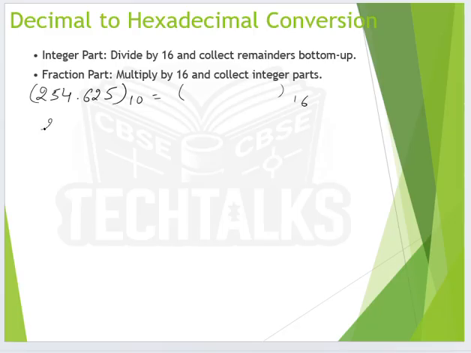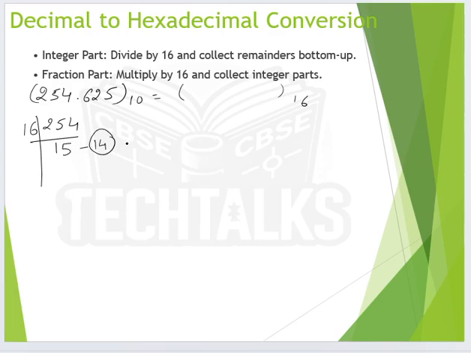So let's take the integer part and divide by 16. 16 ones are 16, so you will get remainder 14 here. 16 5s are 80 and remainder is 14.